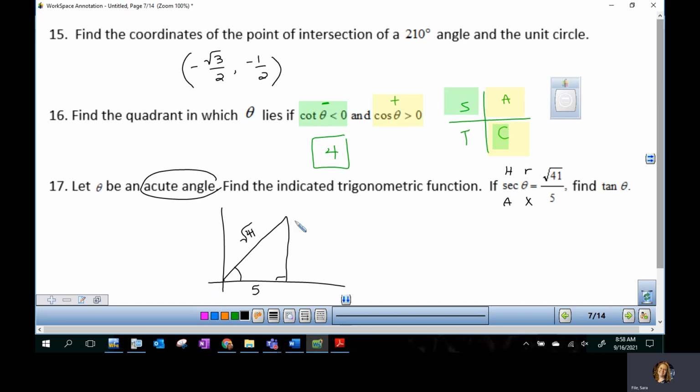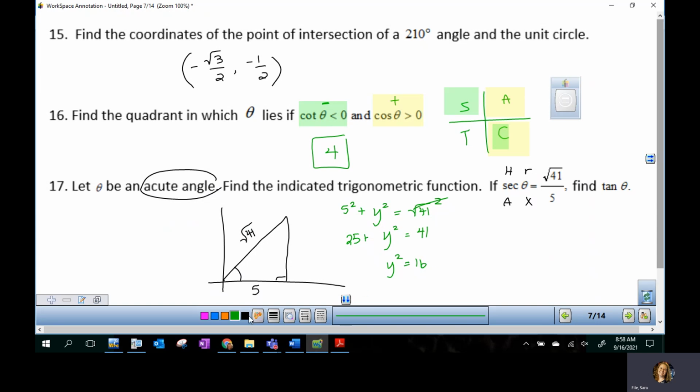How can I find the third side? Pythagorean Theorem. What happens when you square a square root? Yeah, that's just a 41. Okay, so then we're solving. We subtract the 25 over and get 16.